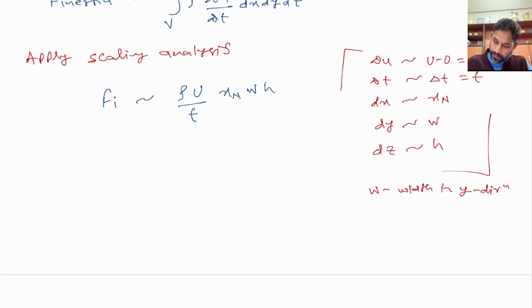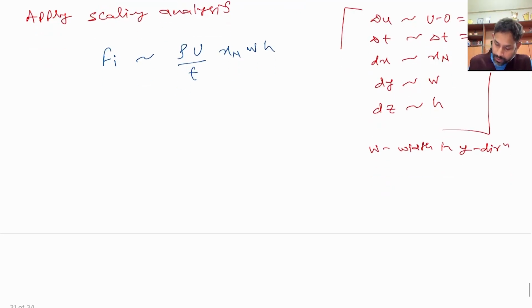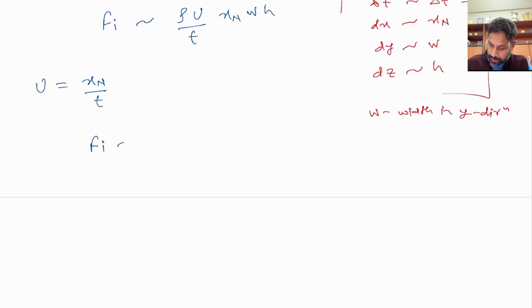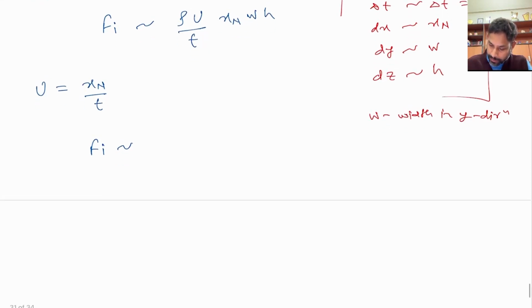All right, and now here we can assume one more thing, that u also is equivalent to xn over time, right? U is velocity and xn is the length in which we are applying u, so that should simply be xn over time t. So Fi, which is basically the inertia force, becomes rho xn over t, t xn h w.